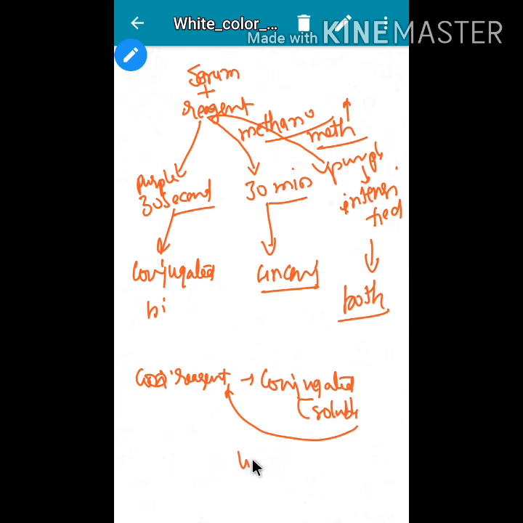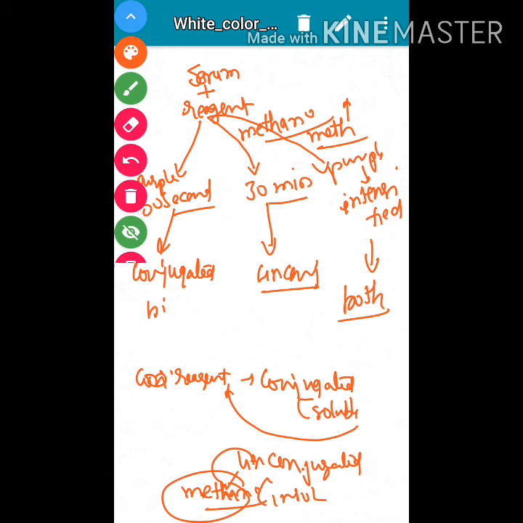But unconjugated is insoluble. So we added methanol. What this methanol does is it solubilizes this unconjugated bilirubin and makes it react with the reagent. Okay, this is how the test is done.